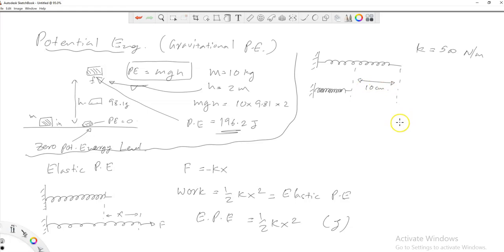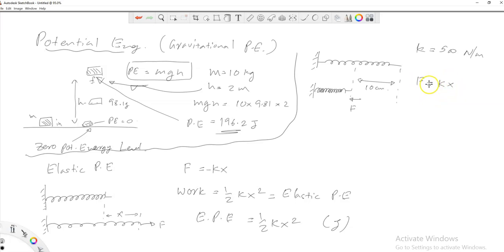We can calculate the amount of force needed to hold it at this compression level, right? So you have to start from 0 and keep increasing the force as you compress the spring, and at this point where it's shortened by 10 centimeters, there is a certain amount of force you need to apply to hold it there. That force is given by kx.